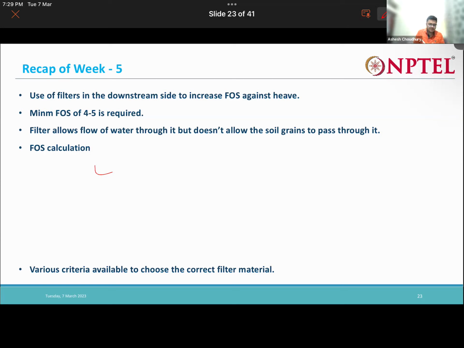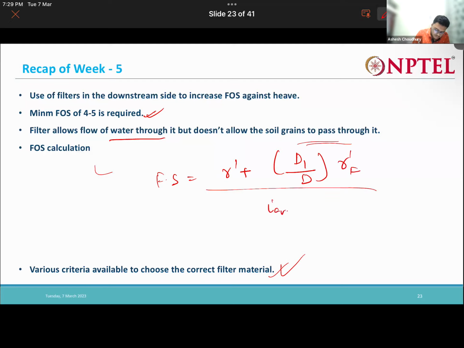Some criteria: a minimum factor of safety of 4 to 5 is required. As we discussed, the filter allows flow of water through it but doesn't allow the soil grains to pass. Various criteria are available to choose the correct filter material. The factor of safety is gamma submerged plus T1 by T2, by W, where this is the effective unit weight of the filter material.